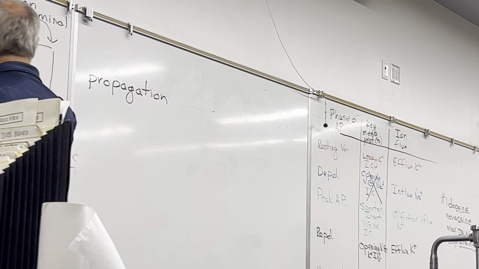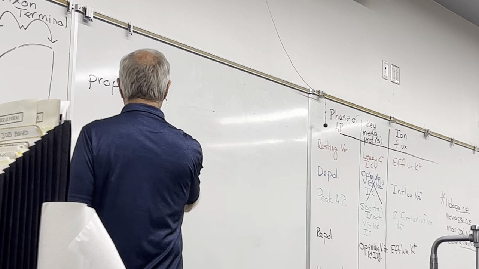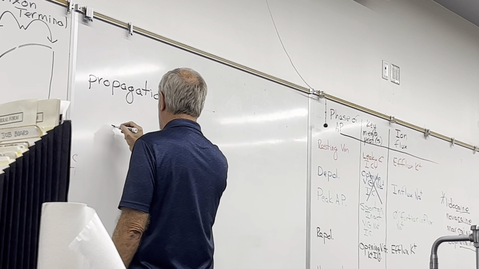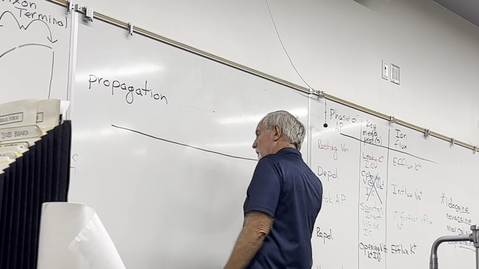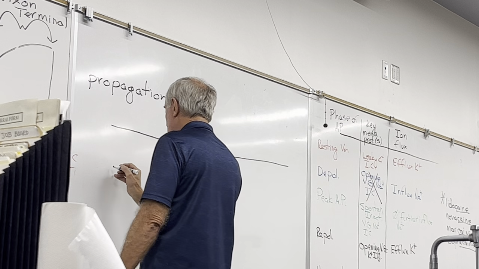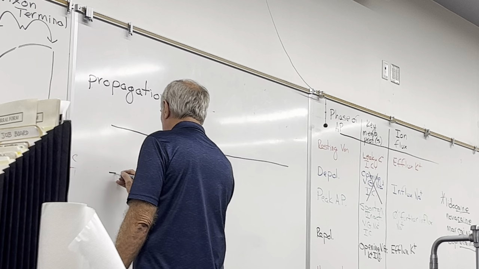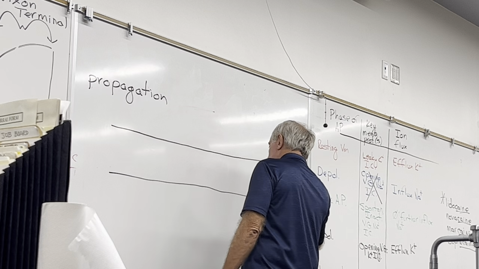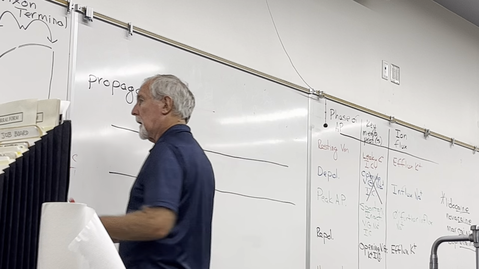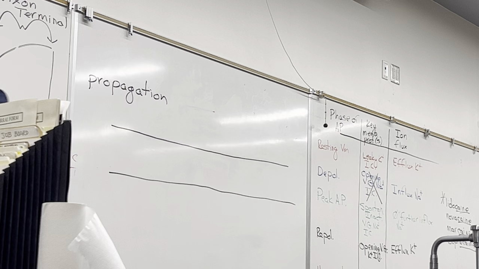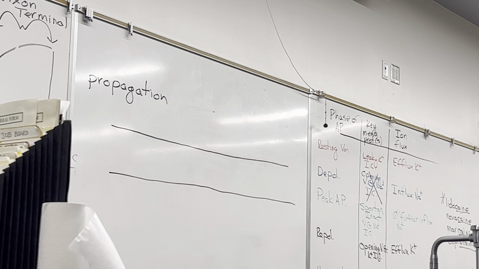So I'm going to take this part of the diagram. This is our cell. All of you are going to tell me that the resting membrane potential everywhere along the length of the cell is minus 70 millivolts.